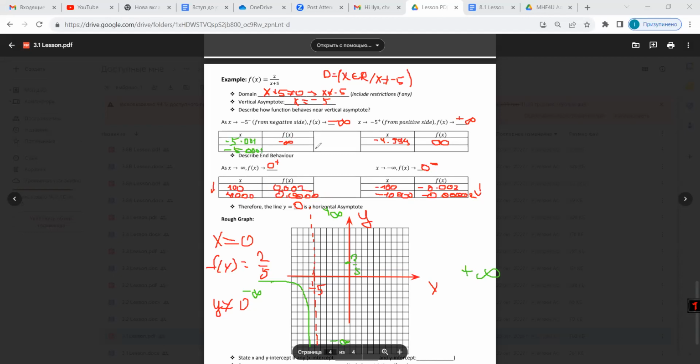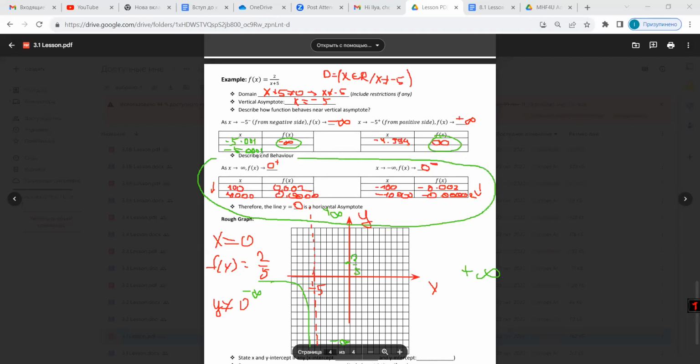I just substituted negative infinity and positive infinity here because that's how we characterize it, because theoretically we get as close as possible to -5. So it will give us this infinite behavior. In reality, you're going to get some very huge negative number here and some huge positive number here. If you get a huge negative number, it means negative infinity. If you get a huge positive number, positive infinity.